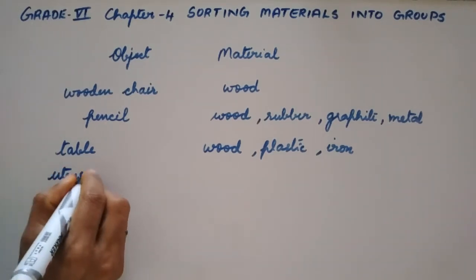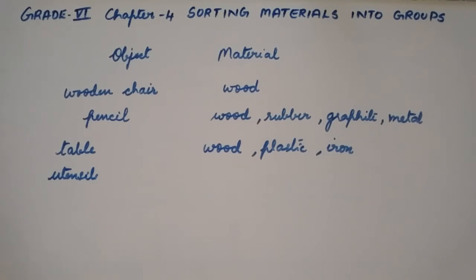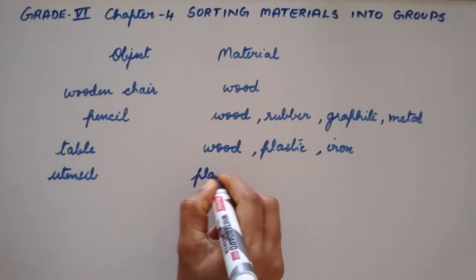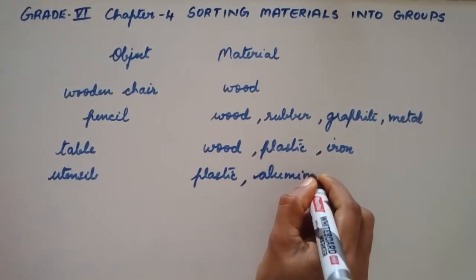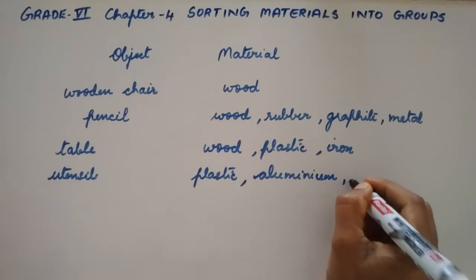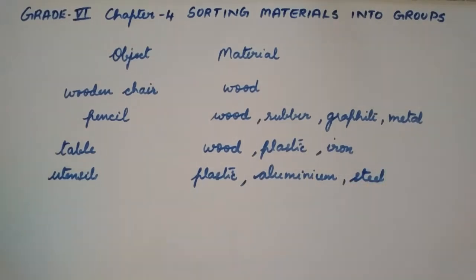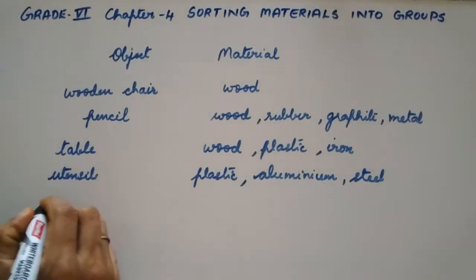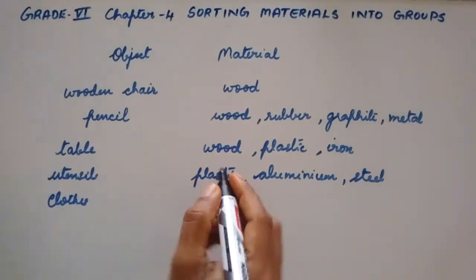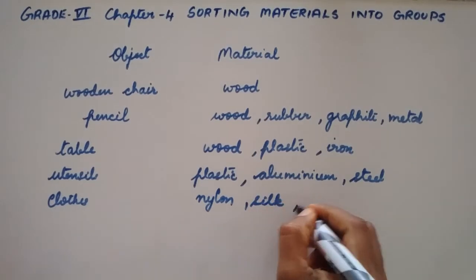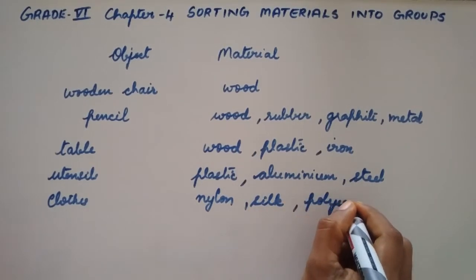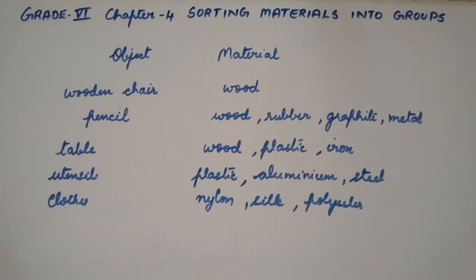So utensils are objects which could be made up of plastic, aluminium or steel. And also clothes could be made up of nylon, silk, polyester, etc.